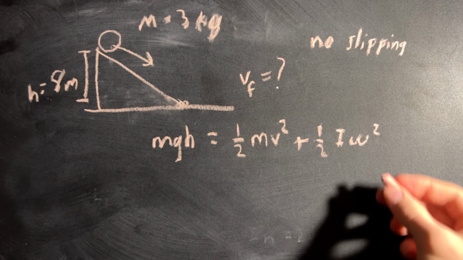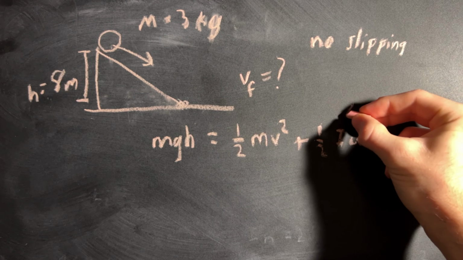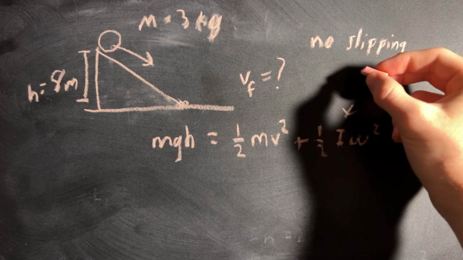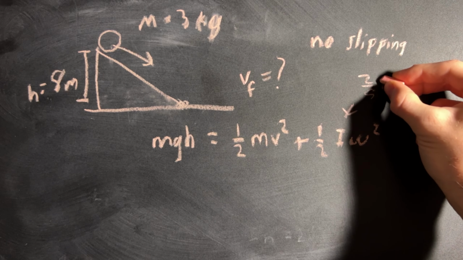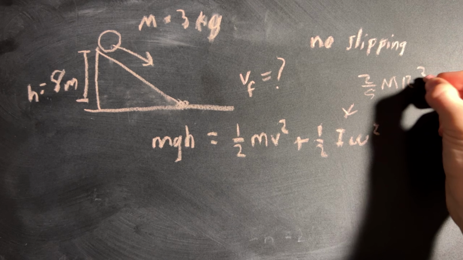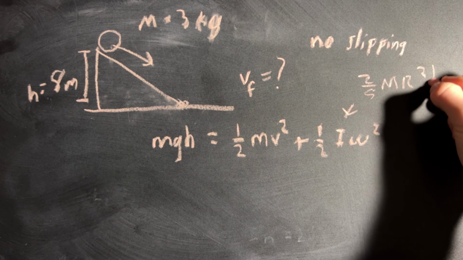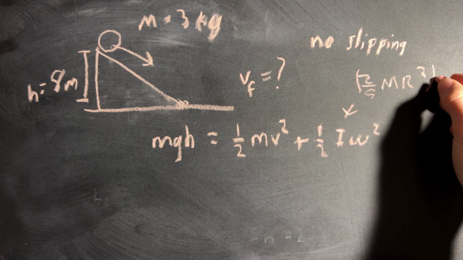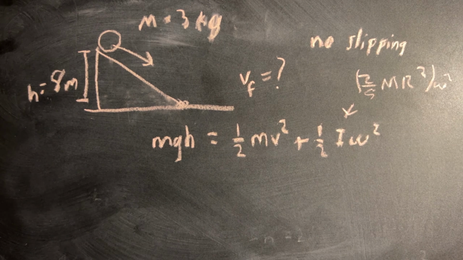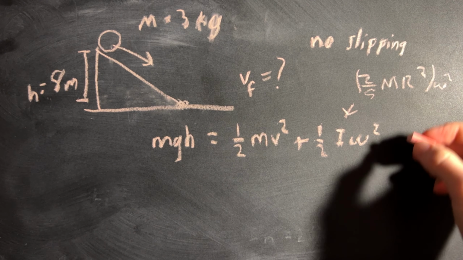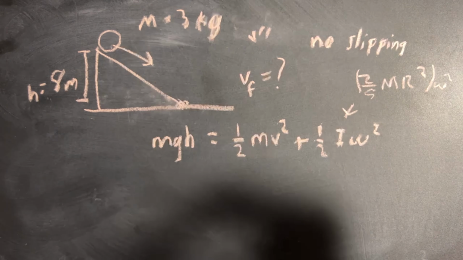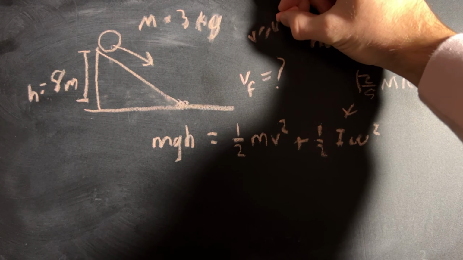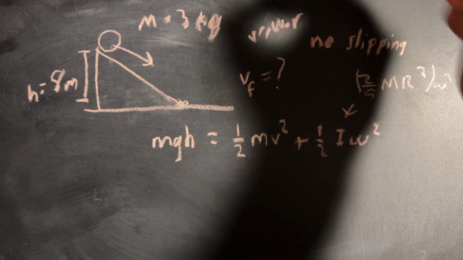So we have to do a little bit of algebra here. So what we can do is we can plug in the moment of inertia for the solid sphere, which is 2/5 mr squared. And this is multiplied by angular velocity squared. Now this is important because when there's no slipping, v is equal to angular velocity times r.